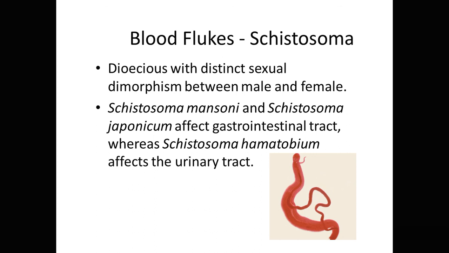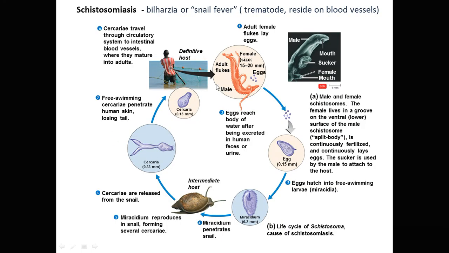Schistosoma mansoni and japonicum affect GI tract, while Schistosoma haematobium affects the urinary tract, and a person gets infected while swimming or being in the water, where the larval stage of the schistosoma enters the body through the skin, and then moves to the blood, and by means of blood, depending on species, it reaches either blood vessels of the urinary tract or blood vessels of the liver.